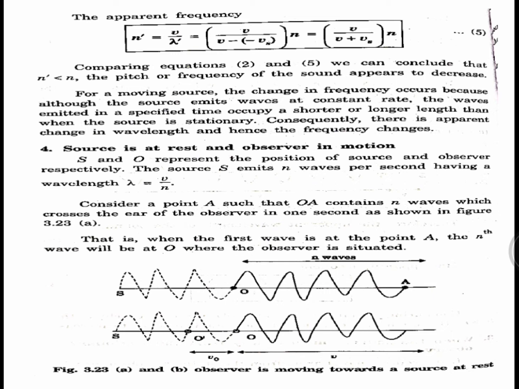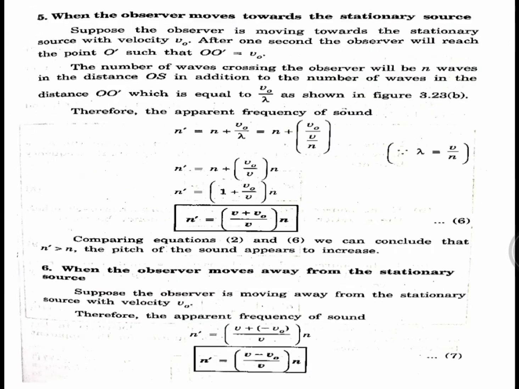Consider a point A such that OA contains n waves which cross the ear of the observer in 1 second, as shown in the figure. That is, when the first wave is at the point A, the nth wave will be at O, where the observer is situated.